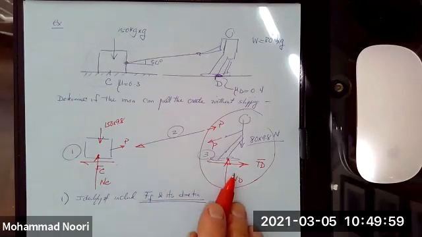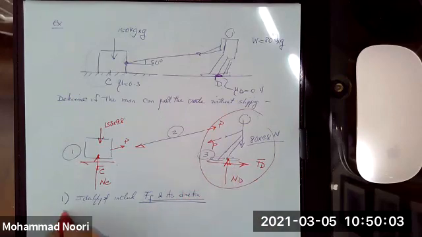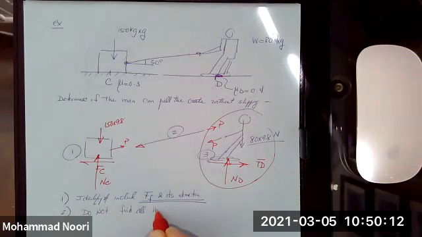You need to make sure you have the correct direction. Two, do not find all the unknowns, only those you need.